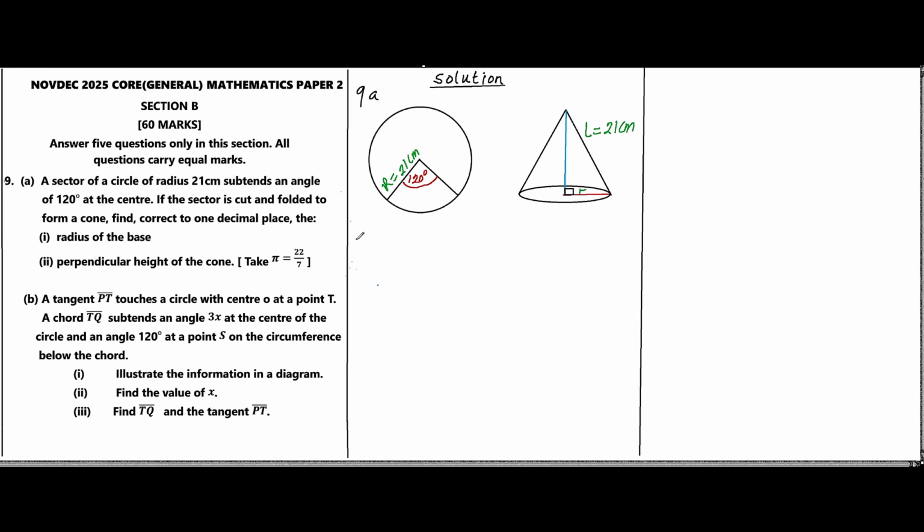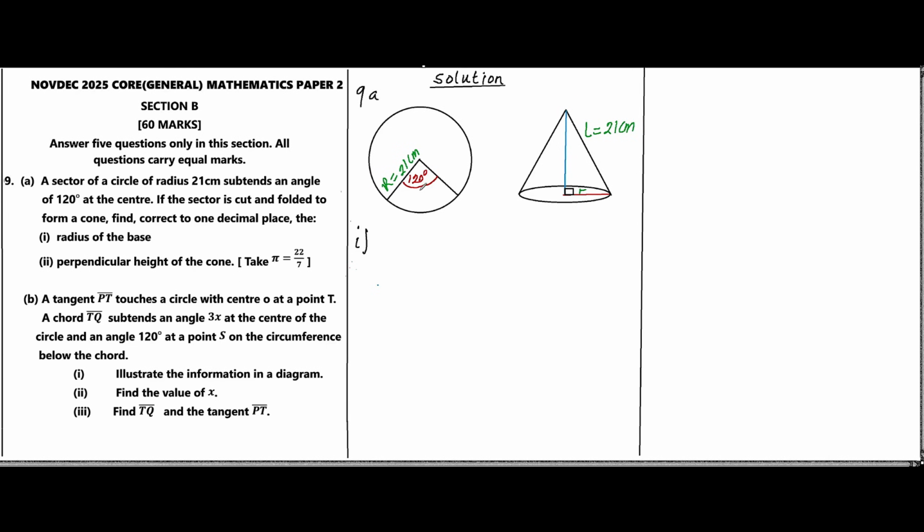Now 9ai, we are to find the radius of the circular base, this r. So to find the radius, there is something that we should take note of. We know that this is the length of the sector, in other words, the length of the arc of the sector.